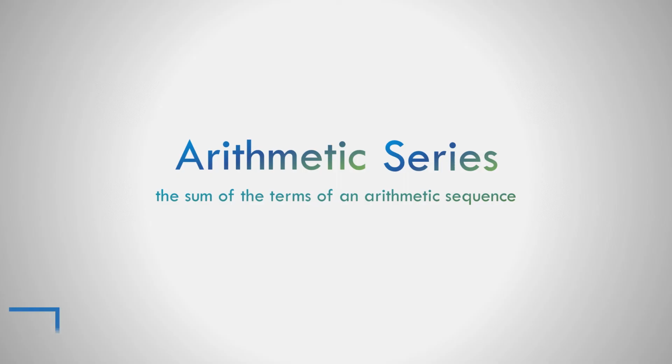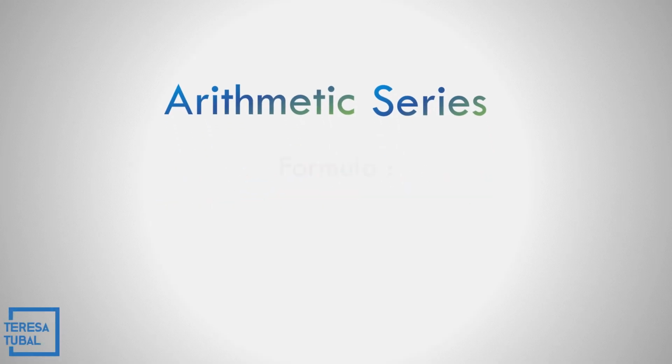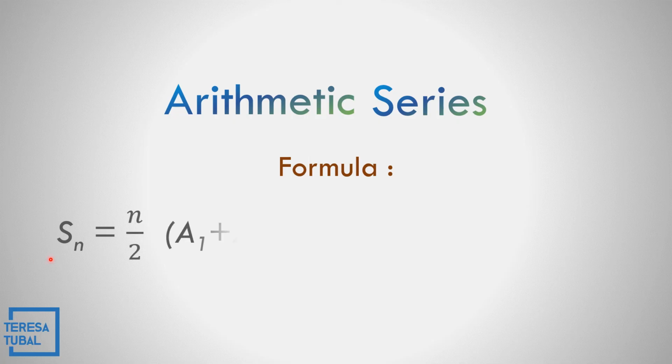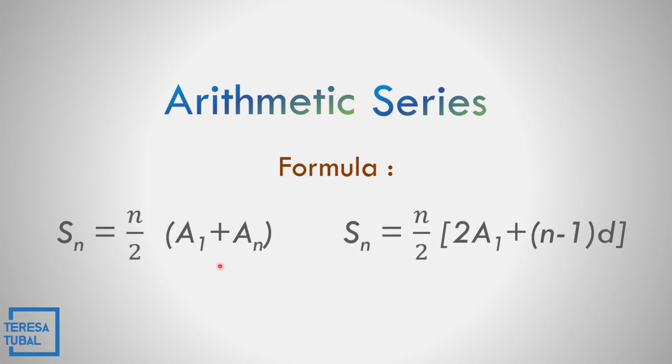Let us recall, an arithmetic series is the sum of the terms of an arithmetic sequence. The formula is S sub n is equal to n over 2 times the quantity a sub 1 plus a sub n. And the second formula, S sub n is equal to n over 2 times the quantity 2 times a sub 1 plus the quantity n minus 1 times d.